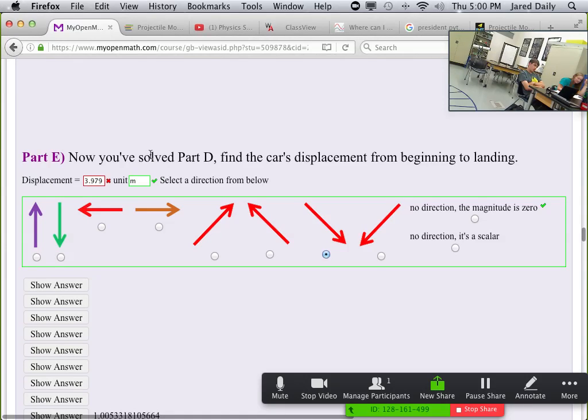When you calculate the time, you should get 2 separate answers because it's a quadratic. So when you plug in your numbers, you'll end up with something that looks like a number times t squared plus a number times t plus a number equals 0, which is a quadratic equation that you have to solve using the quadratic formula.